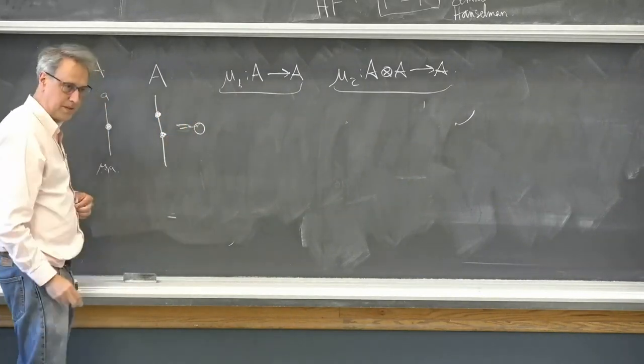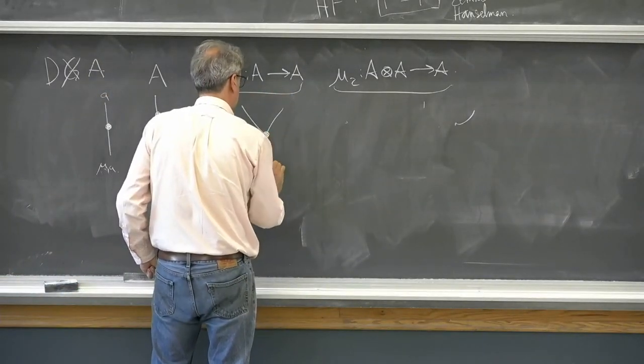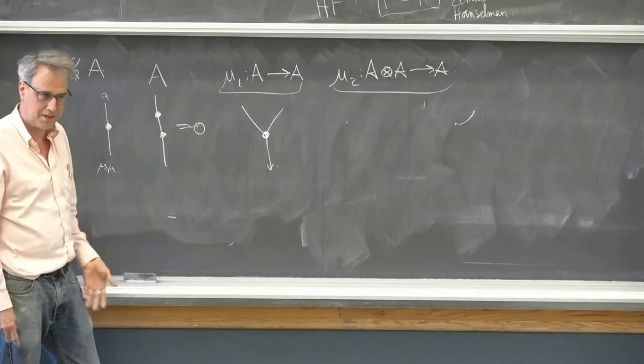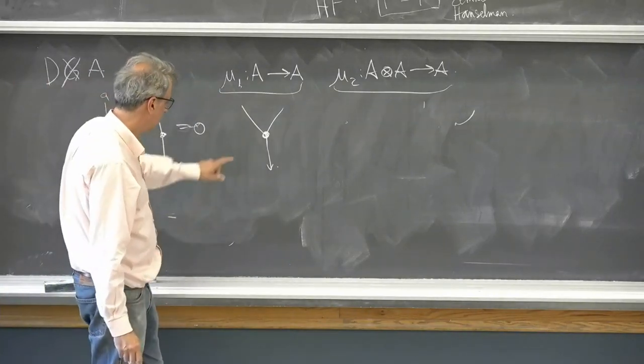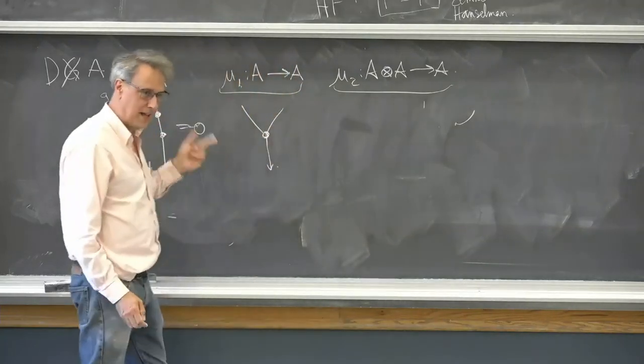Dot equals 0. It has a multiplication operation, which I'm going to represent by this kind of fork with its prongs, like this. And it satisfies a Leibniz rule.